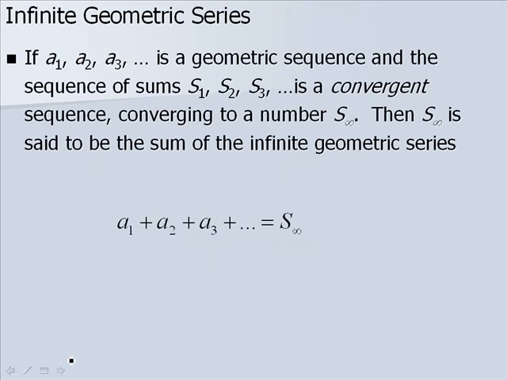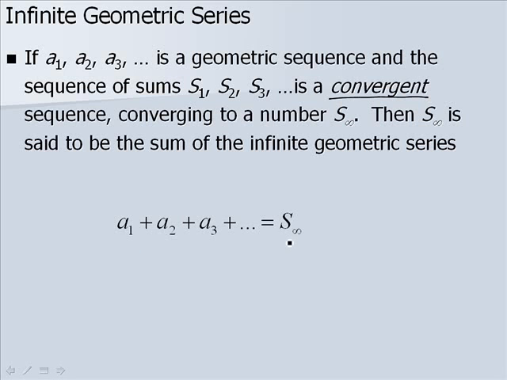If A1, A2, A3, and so on is a geometric sequence, and the sequence of sums S1, S2, S3, and so on is a convergent sequence, and that's important, converging to a number S infinity, then S infinity is said to be the sum of the infinite geometric series.